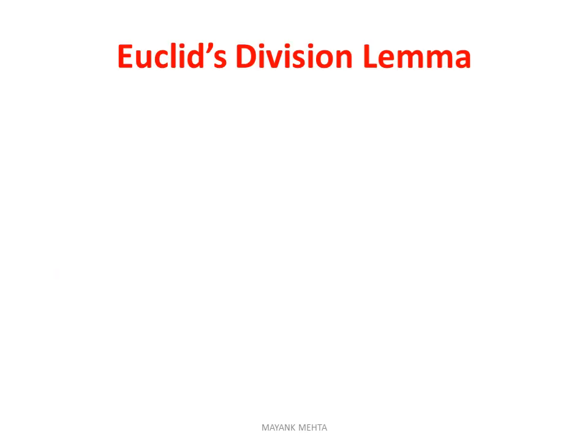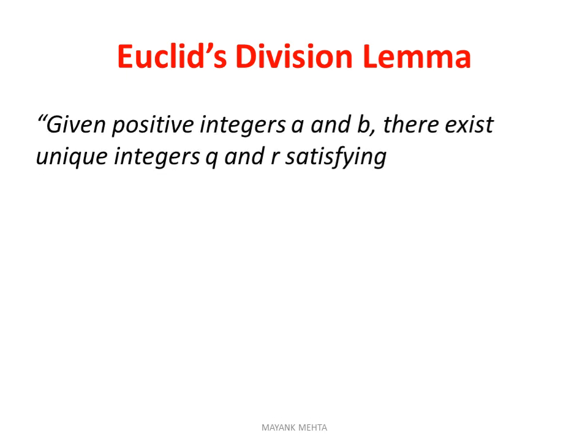Now we are going to see the first topic of our chapter, Euclid's division lemma. So what is Euclid's division lemma? Given positive integers a and b, if you have two positive integers a and b, there exist unique integers q and r satisfying this relation: a is equal to bq plus r, where r is between 0 and b.